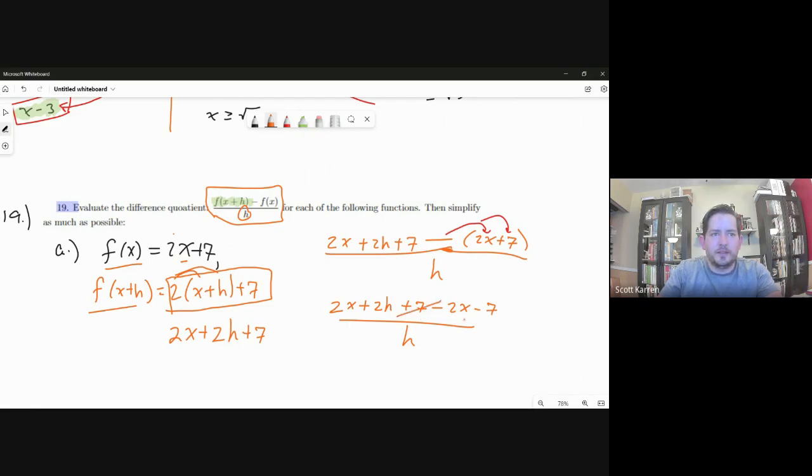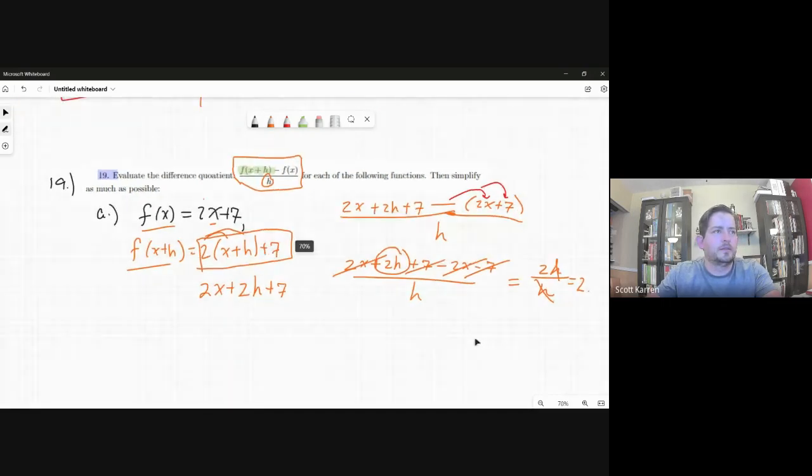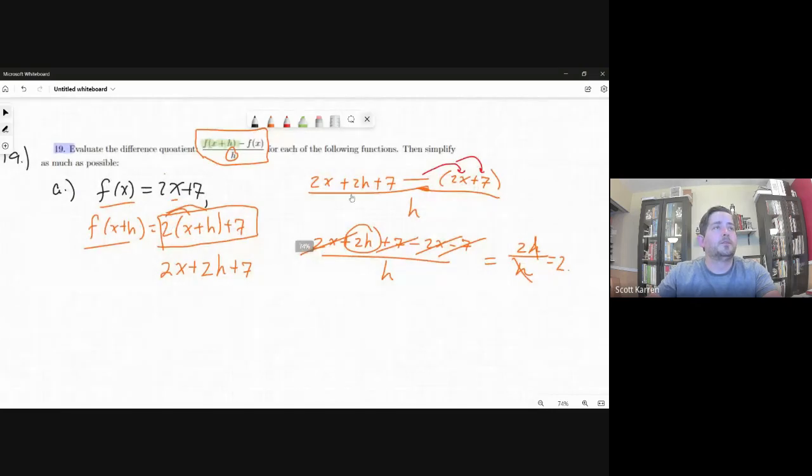I've got plus 7 and minus 7 that cancel out, 2x minus 2x that cancels out, and the only thing that's left in my numerator is 2h over h, but since h is now a factor in my numerator, it'll cancel out, and I'm left with 2. So that was a fairly simple one. The other ones can get a little bit hairy.